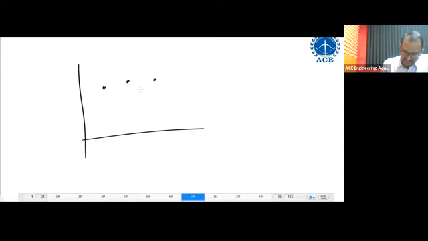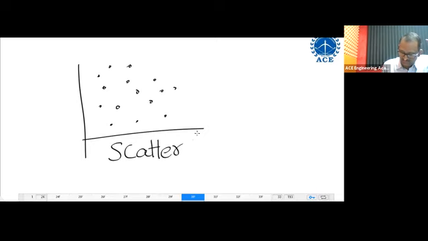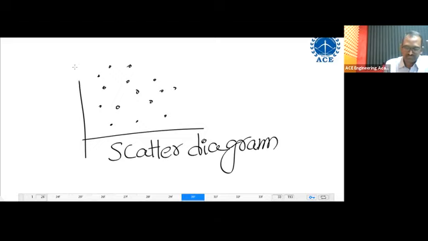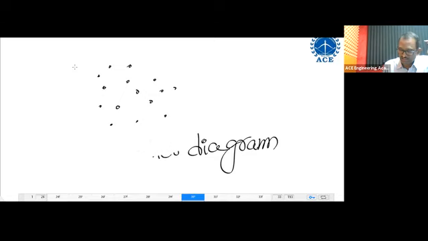Scatter diagram means set of points plotted on xy plane. This is called scatter diagram.